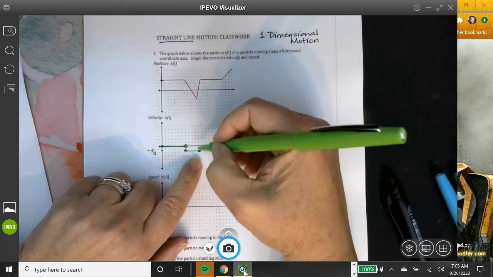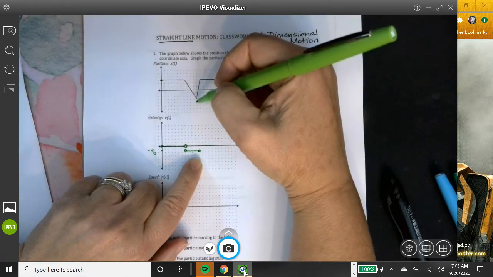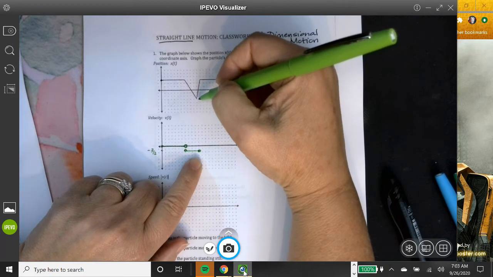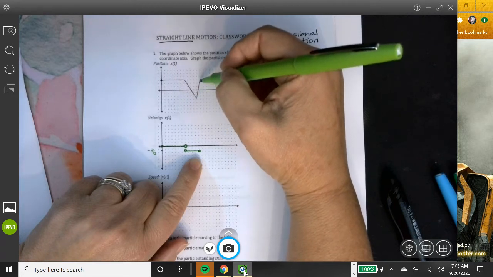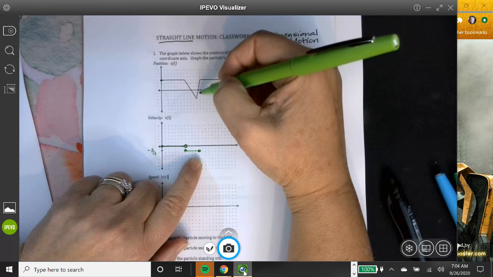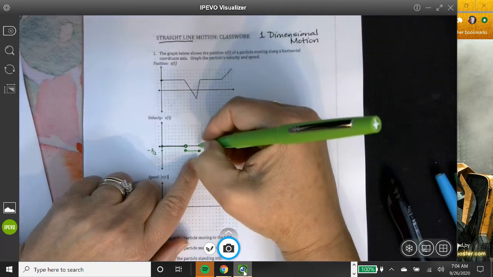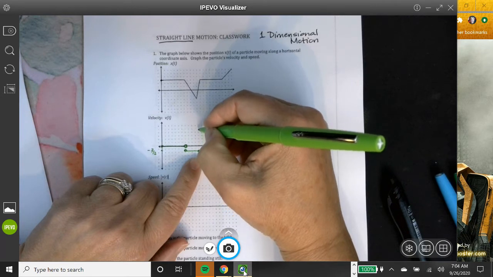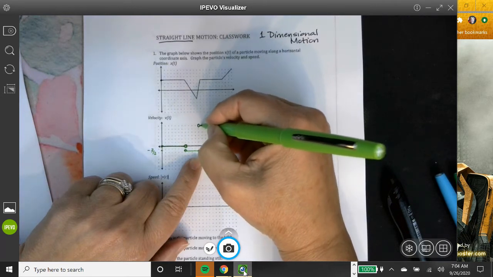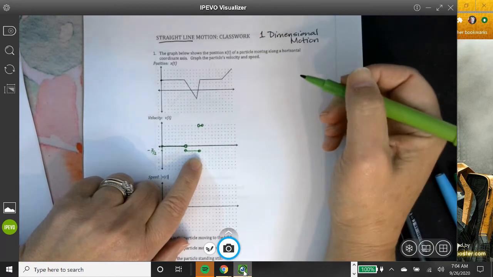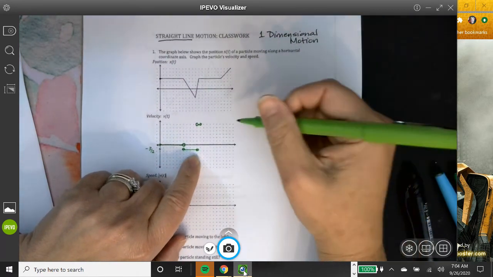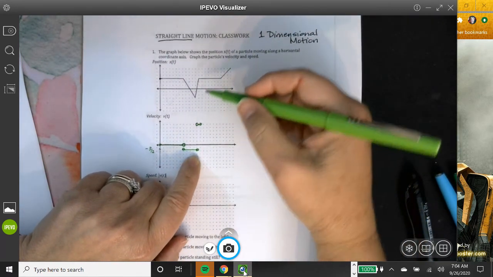And then we're going to go from 11 to 12, it looks like, and the slope looks like it's 1, 2, 3, 4, 5, 6. So it's a positive 6. So I'm going to go up to 6. Here we go. Open dot. All right. That's the slope from 11 to 12.